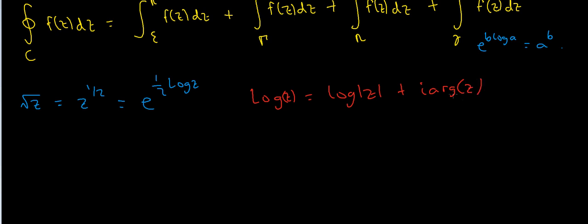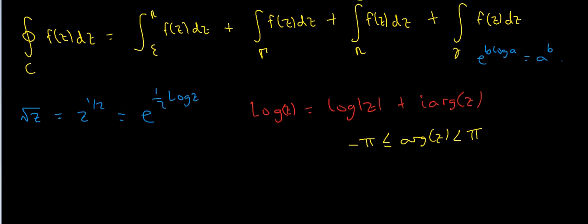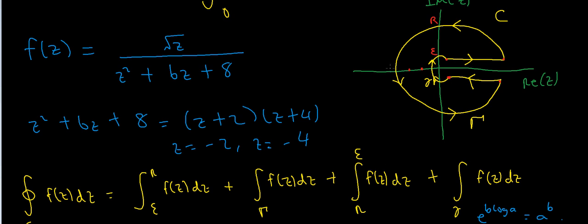And typically the argument of z is defined like this. It's allowed to vary between minus pi and pi. So minus pi would be less than or equal to the argument of z, and that would be less than pi. So the branch cut takes place where pi is, or where minus pi is. So usually that would mean here, along this axis.